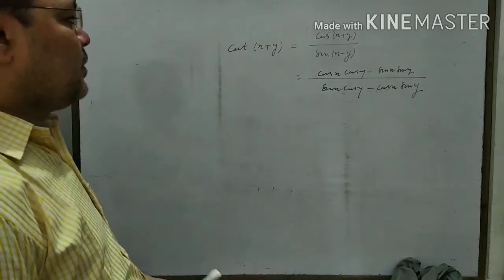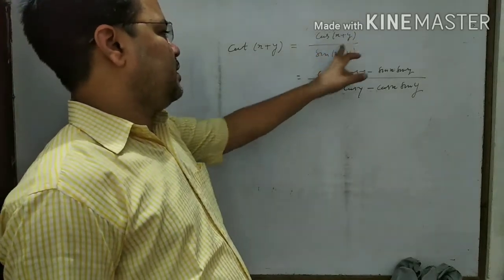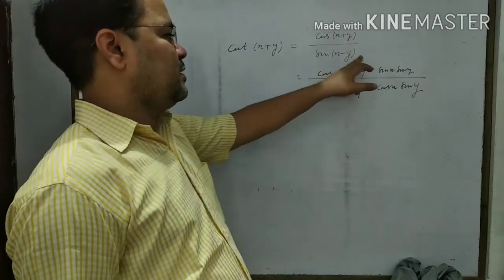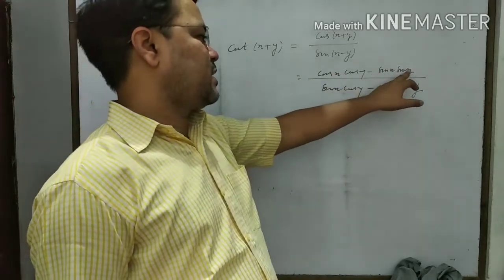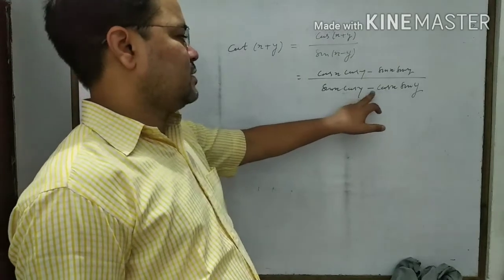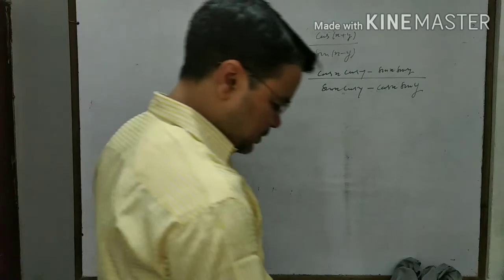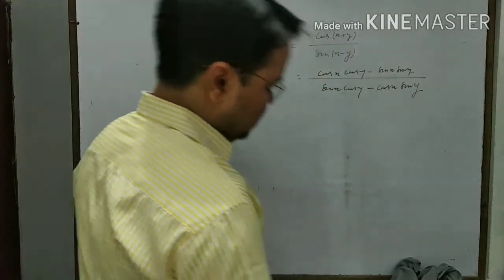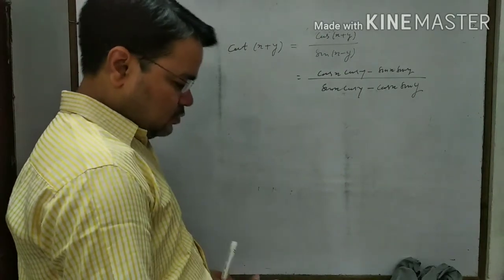Okay, we just write cot x plus y as cos x plus y upon sin x minus y, where cos x plus y is cos x cos y minus sin x sin y, and the expansion of sin x minus y is sin x cos y minus cos x sin y. Now what do we do in the next step? In the next step we just divide the numerator and denominator by sin x into sin y.